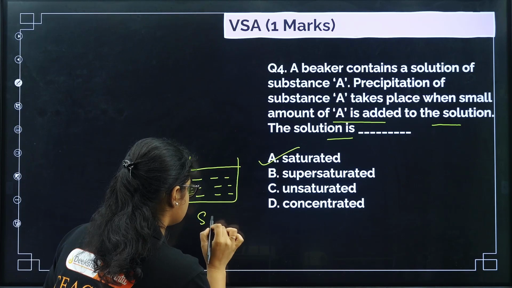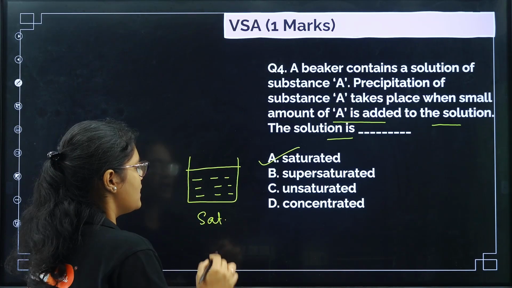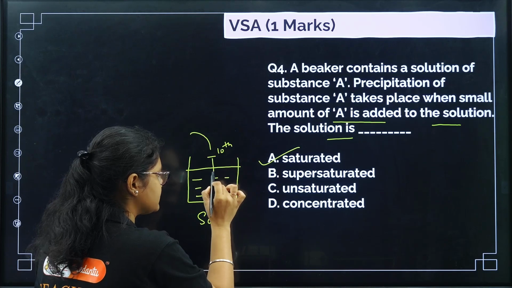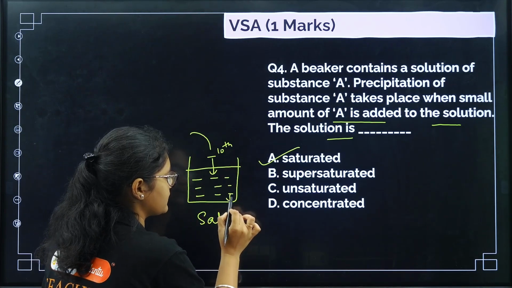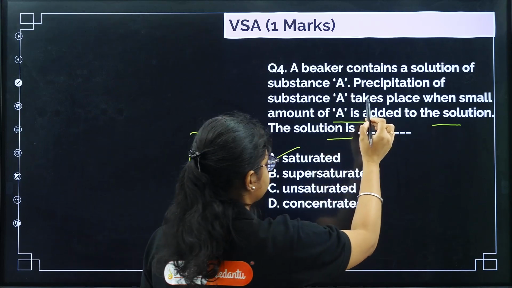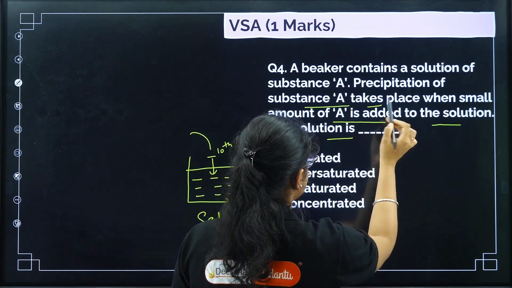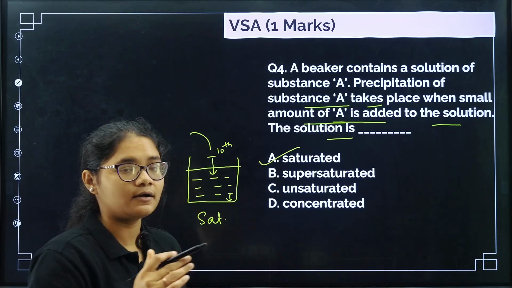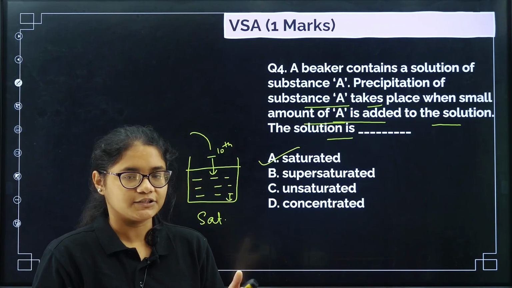Now this is a situation of saturated solution. Now you added one more particle, that is the 10th one, right? If this 10th one has to dissolve, then one particle has to crystallize, right? So that is why precipitation of substance A takes place when a small amount of A is added. So at that condition the solution must be saturated.